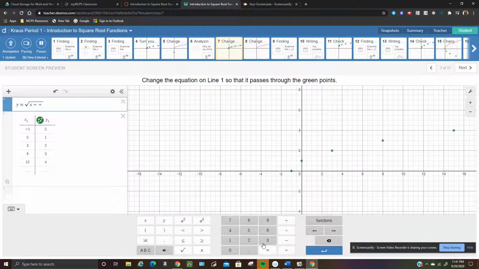So plus, delete that. I got 2 pluses in there now. Plus 2. And, whoops, that's a 1 there. So that's only 1 unit. So plus 1. There we go. So if we want to move the endpoint 1 unit to the left, we add 1 under the radical.